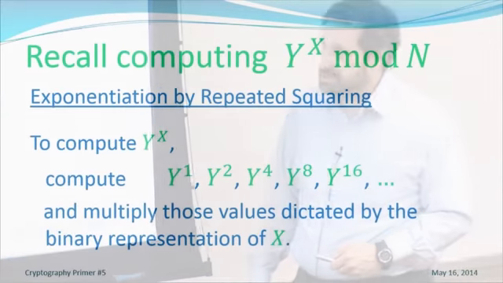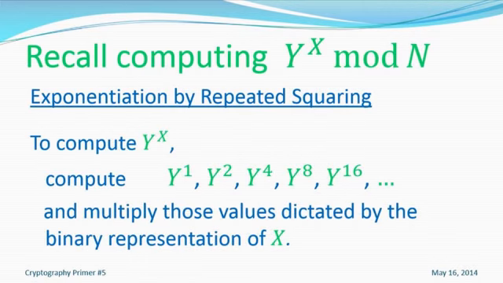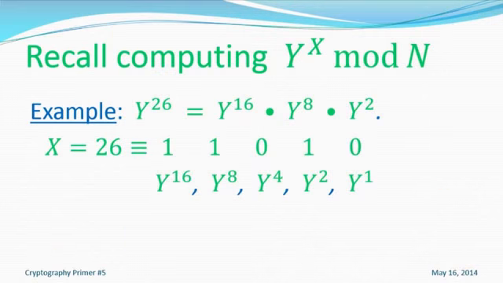OK, so let's look again at exactly how this goes. So remember, we would often compute something like y to the x by repeated squaring. And the way to think of this is we start with y to the first, square that, square that, square that, square that, and multiply together the associated values. So to be very specific and pedantic, suppose in this example we want to do x to the 26th.